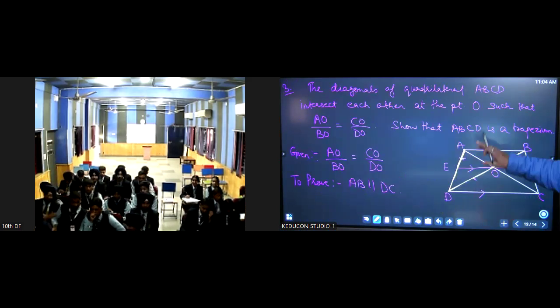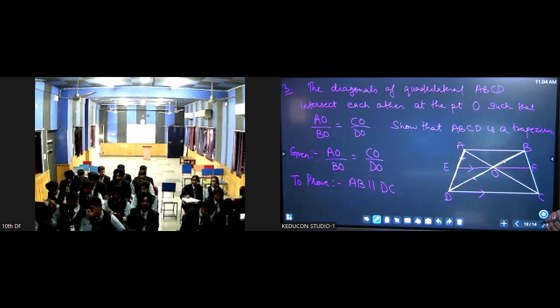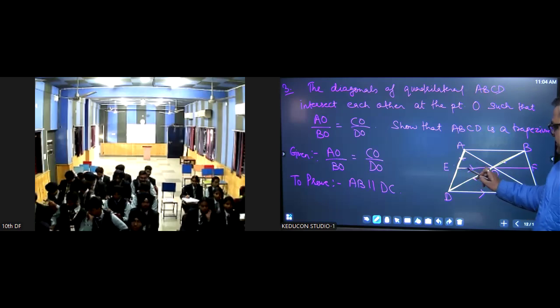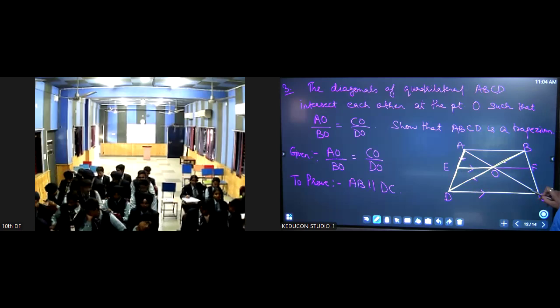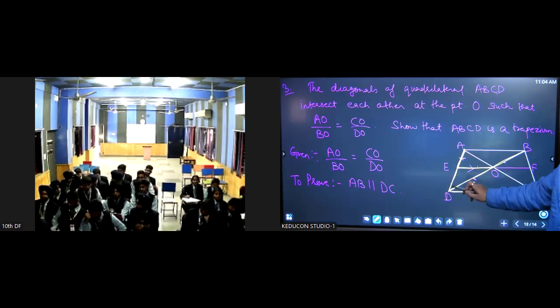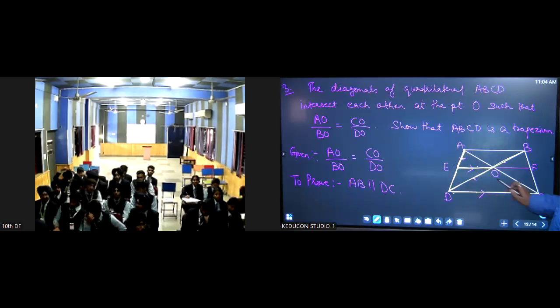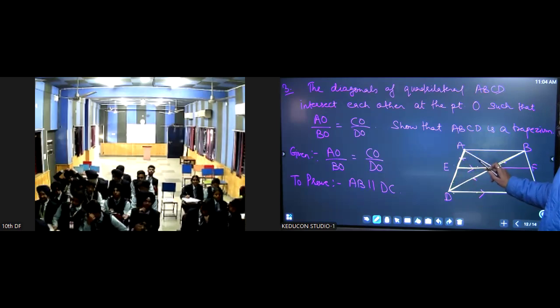बच्चों वंस अगेन मैं आपको एक्सप्लेन कर देता हूँ कैसे किया। सबसे पहले हमने कंस्ट्रक्शन की, we have drawn this line parallel to DC and these are parallel, applying the BPT in triangle ADC, AE upon ED equal to AO upon OC, right?